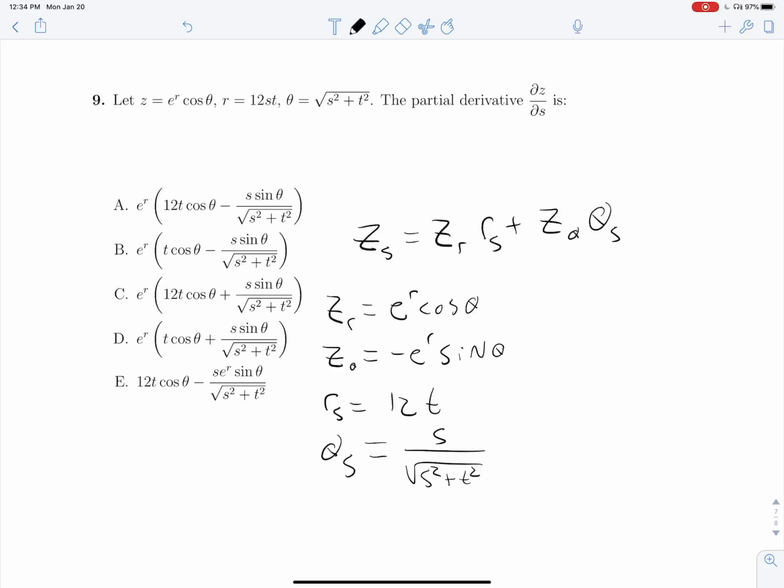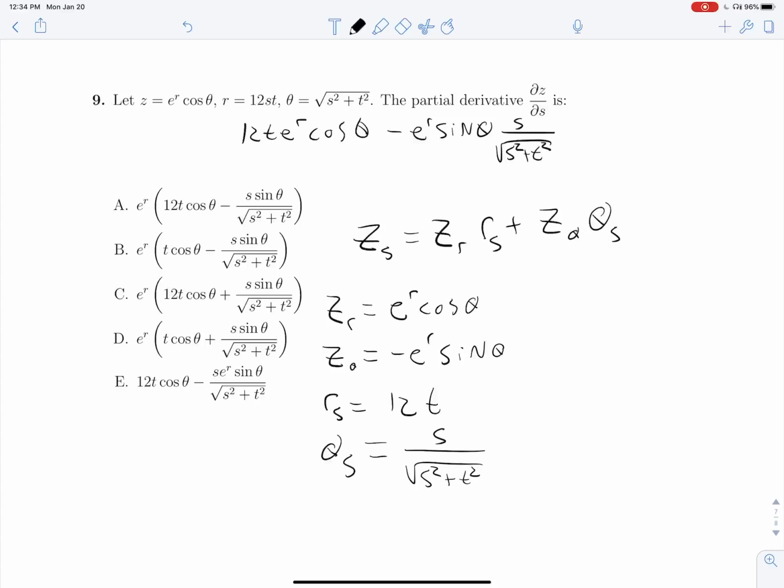So Z_R times R_S will give us 12t e to the R cosine theta. And then the other two multiplied together and added to this one will give us negative e to the R sine theta times S over root S squared plus T squared.